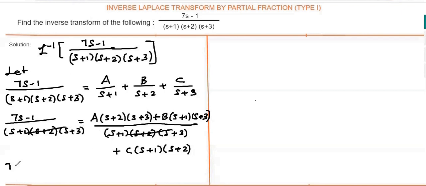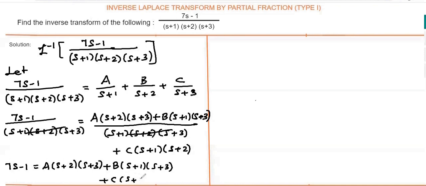The remaining is 7s - 1 = A(s + 2)(s + 3) + B(s + 1)(s + 3) + C(s + 1)(s + 2).